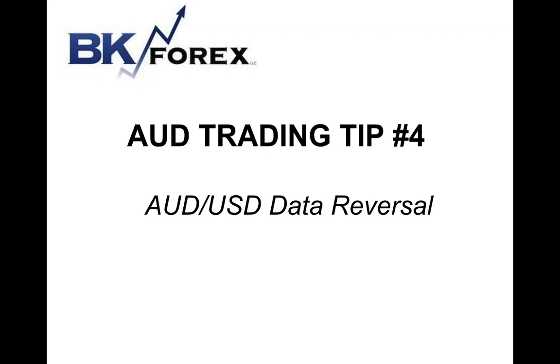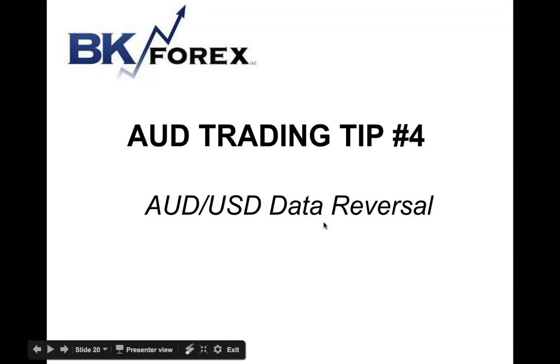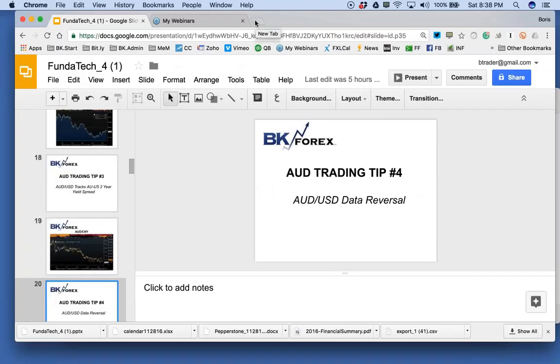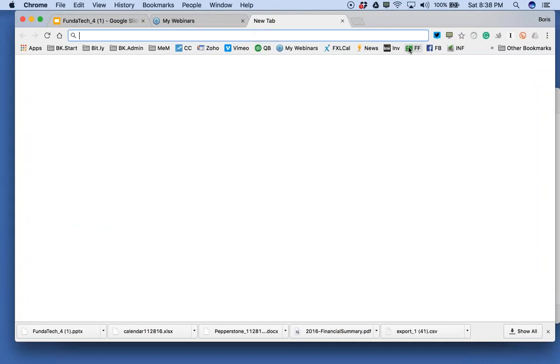It will reverse. Conversely, if the data is super bad, the price will come back up. It tends to reverse, not by much, but consistently. Let me show you what I have in mind.